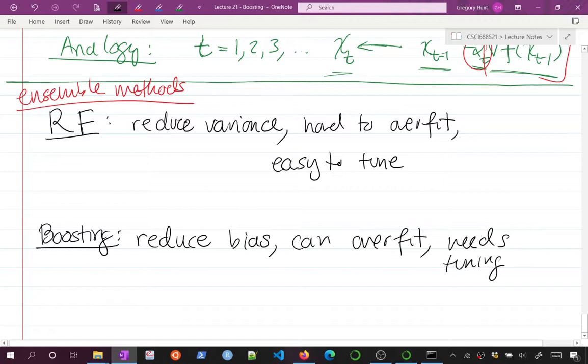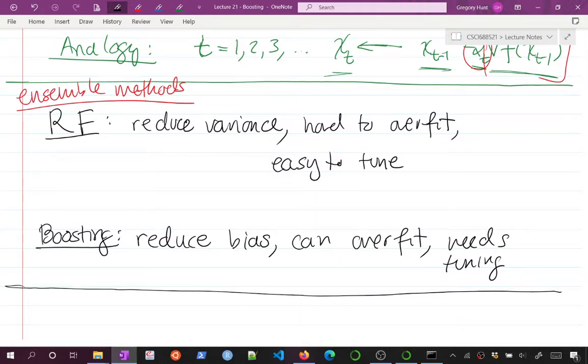Typically, we keep the base methods really simple, such as stumps. You have to decide how many you include, what your capital B is in this algorithm. If you choose too many, you can overfit. So they do require some tuning. If you do the tuning, they're one of the better algorithms out there, but if you're worried about that, a random forest will do quite well and won't need any tuning.